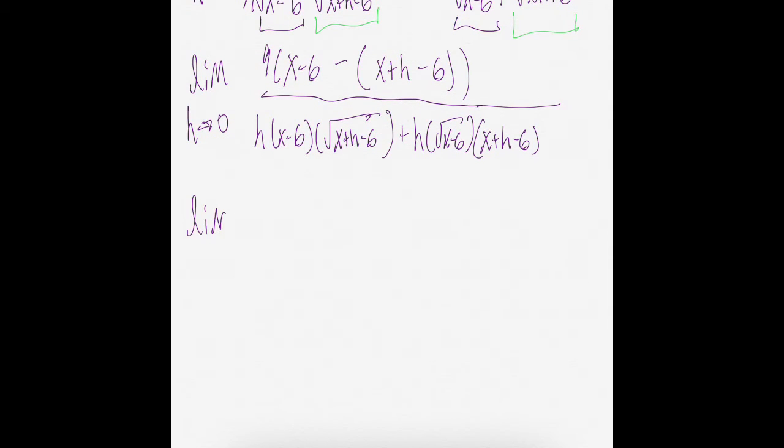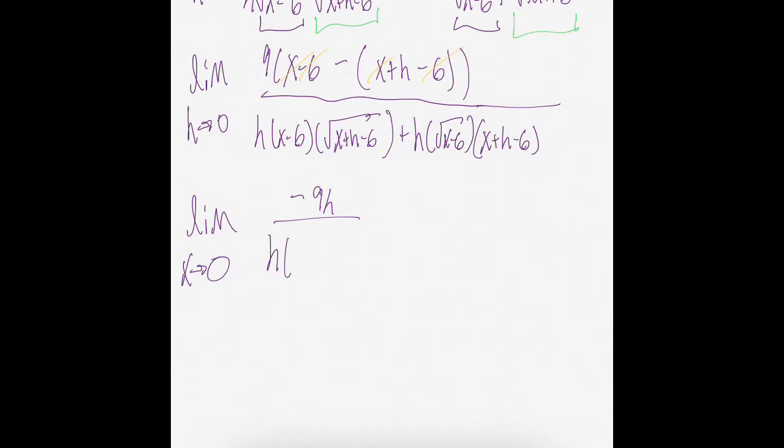Well, now this numerator, let's see what's happening there. I've got x minus x, and I've got minus 6 minus minus 6, so minus 6 plus 6. So my numerator now is just negative 9h.